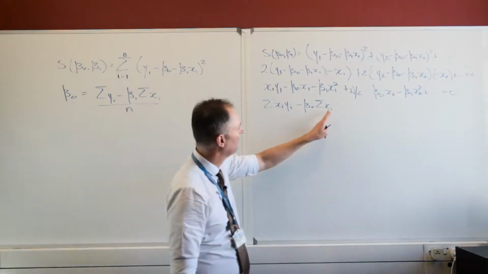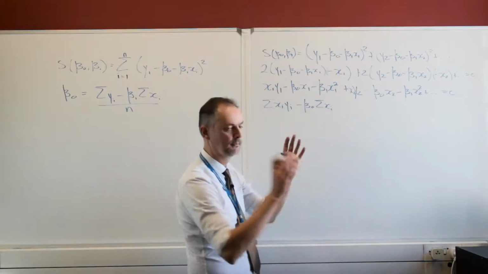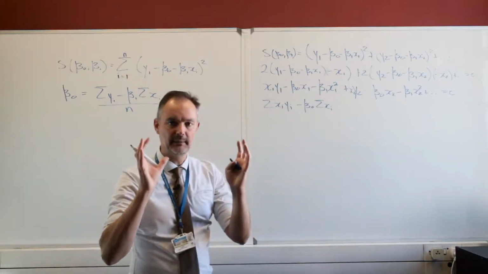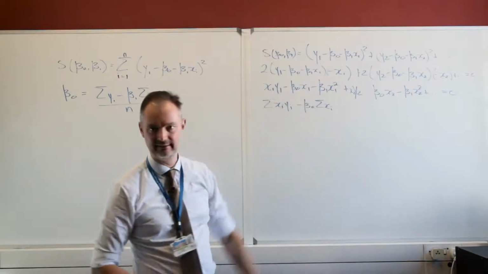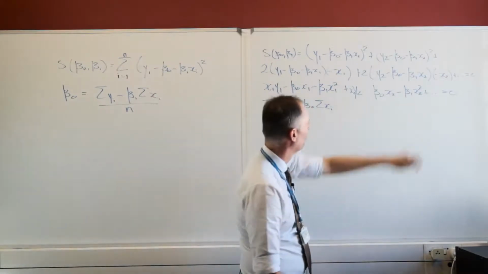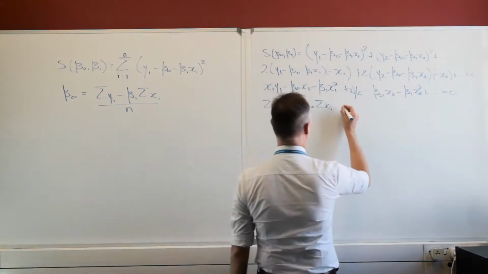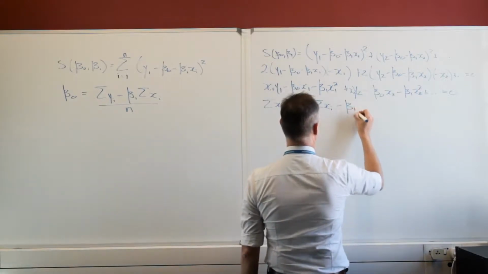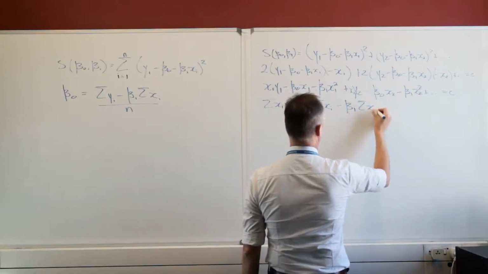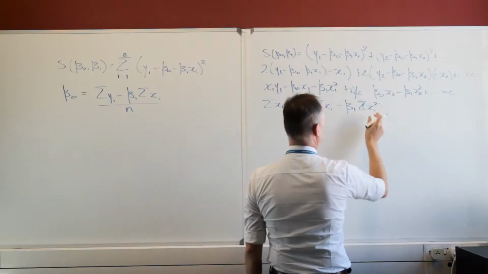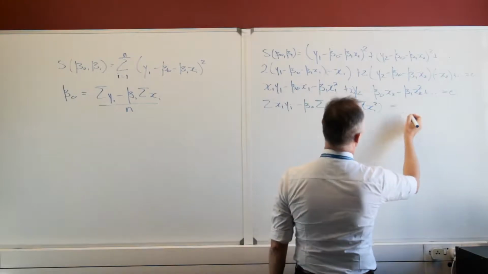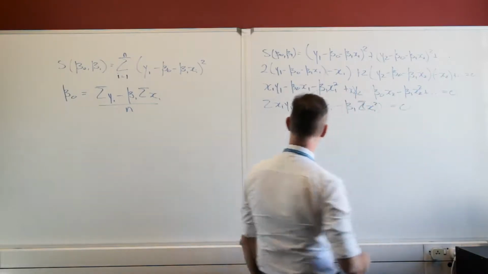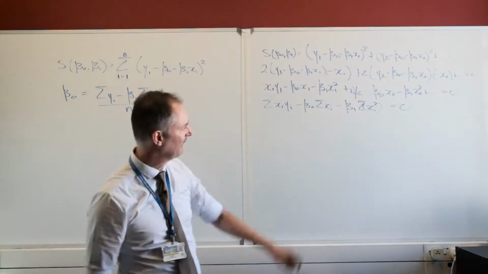If I were to expand this, x sub 1 plus x sub 2 plus x sub 3 until x sub n inside of parentheses multiplied out by negative beta sub 0, I get exactly what I got all along. And I'm going to do the exact same thing with beta sub 1. I'm going to take beta sub 1 out, and I'm left with a summation of x sub i squared. And it's each of those squared there, and that should equal 0.